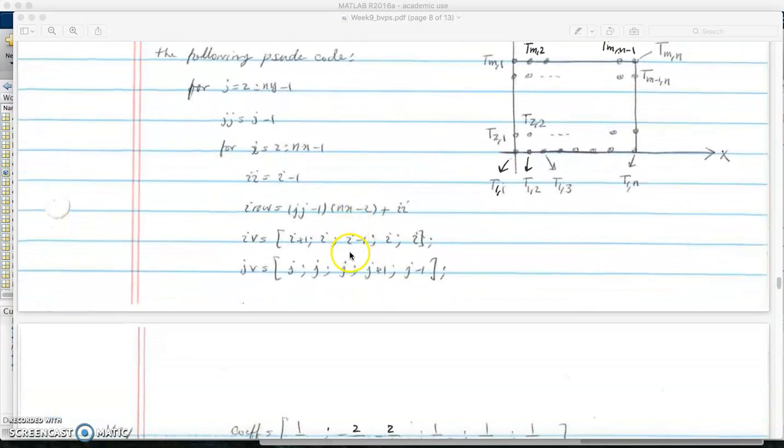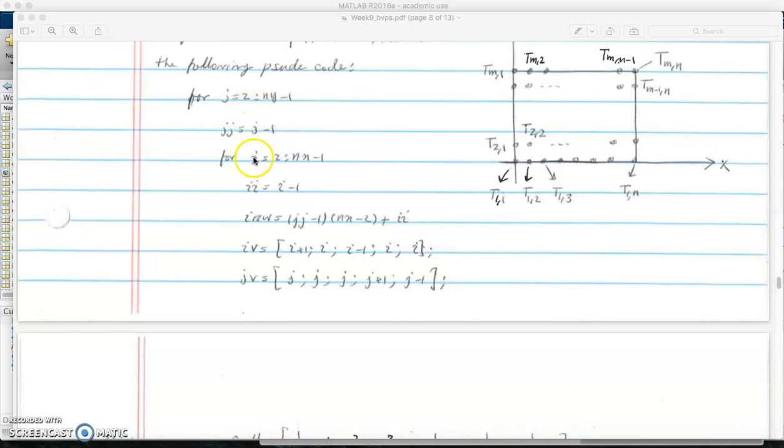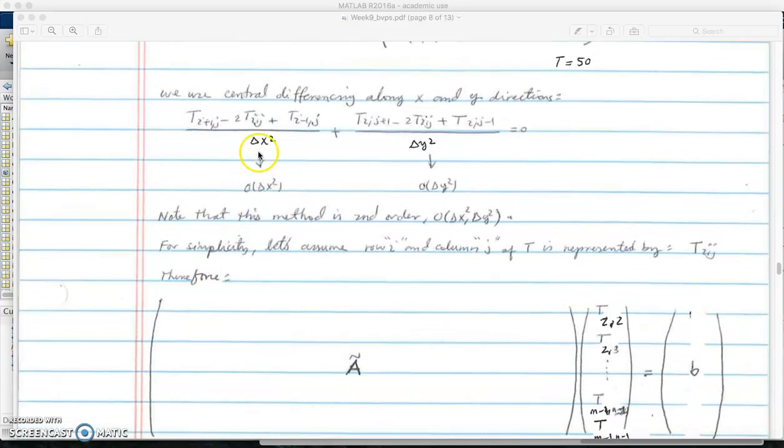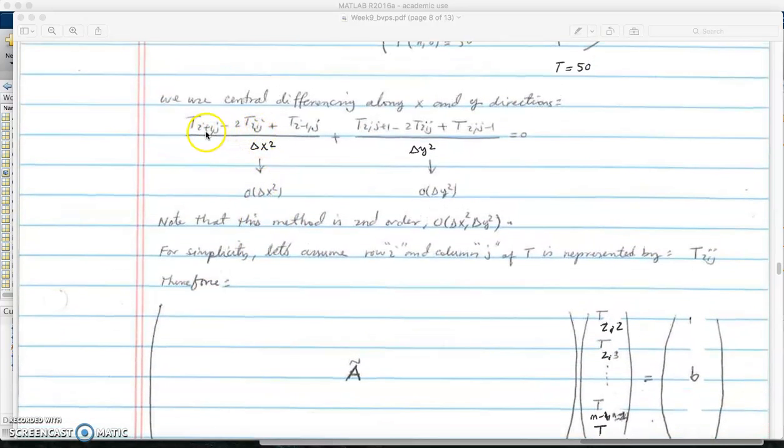So like I could just go over one of them. Let's say j is equal to 2 and I is equal to 2, then I'm going to have T22, T32, and T12 from this, and then T23, T22, and T21 from this.